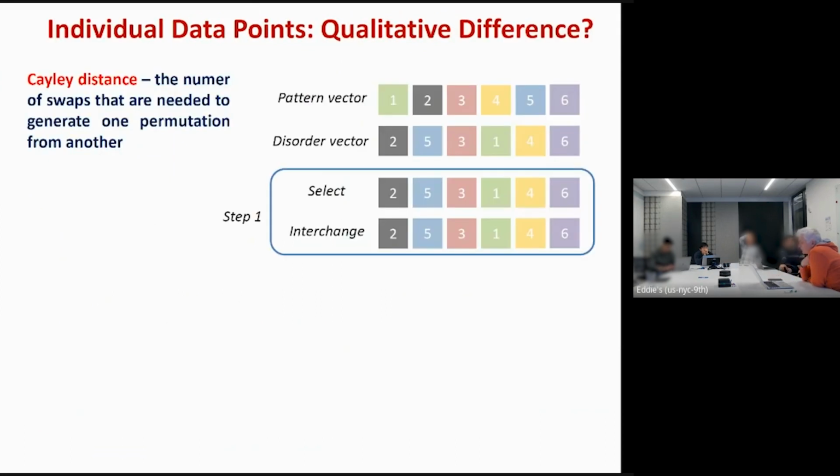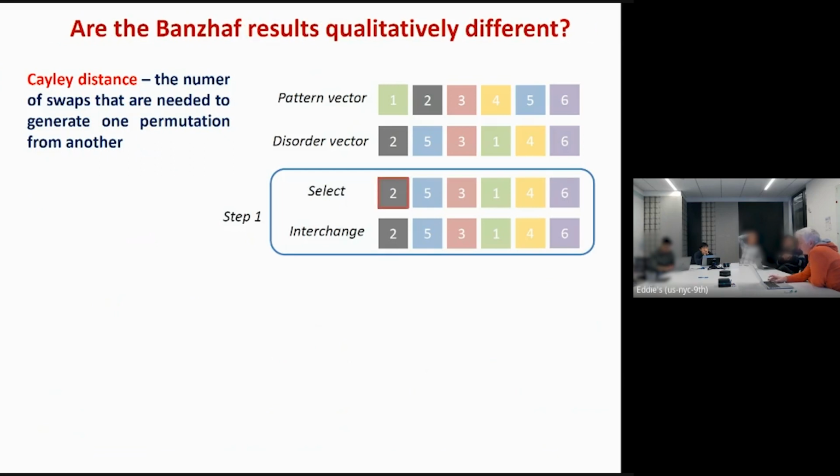We looked as well at the Cayley distance. We looked at the top features returned by the model and at how many changes you need to make to go from one permutation to the other one.